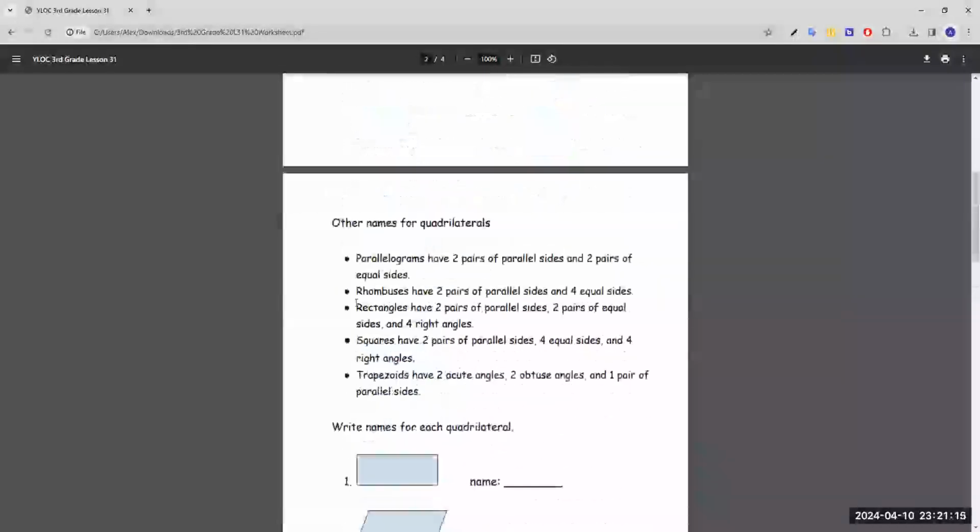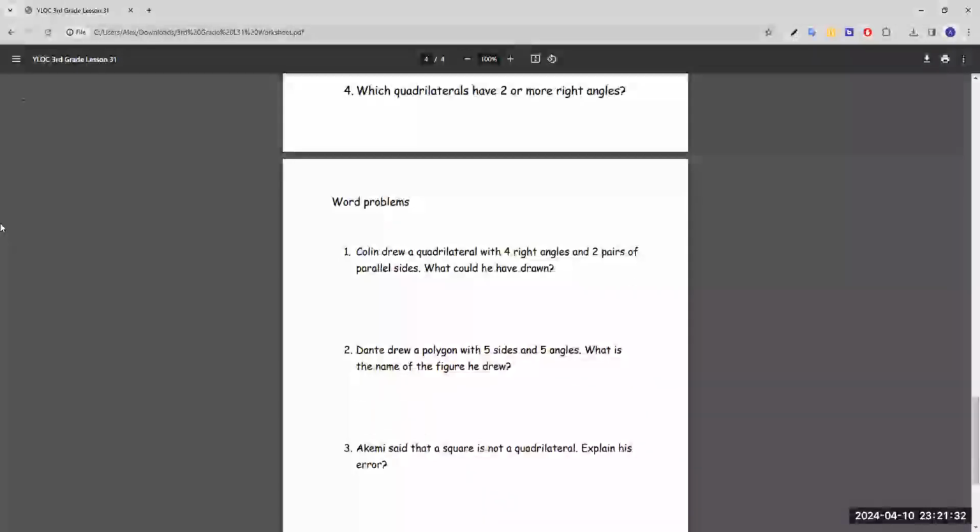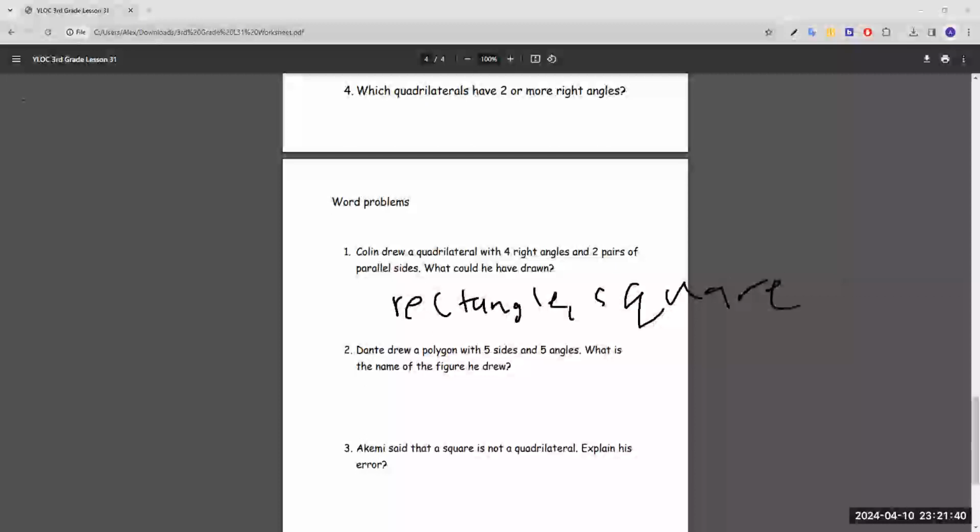So we can see here that they both have two pairs of parallel sides. But in this case, it would be a rectangle. He could have drawn a rectangle or square because they both fit in the description. And that's all we're going to do for today.